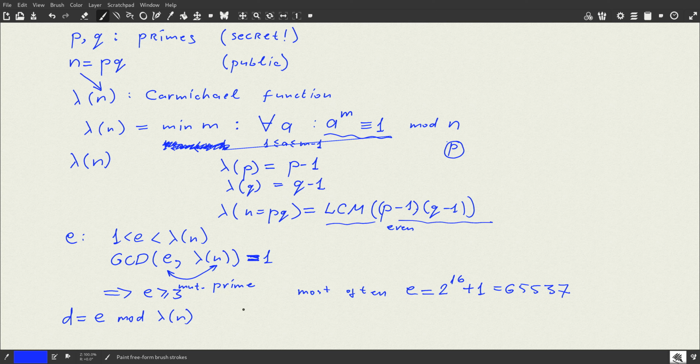What is very important in that, first of all, do you think lambda of n is secret or not?